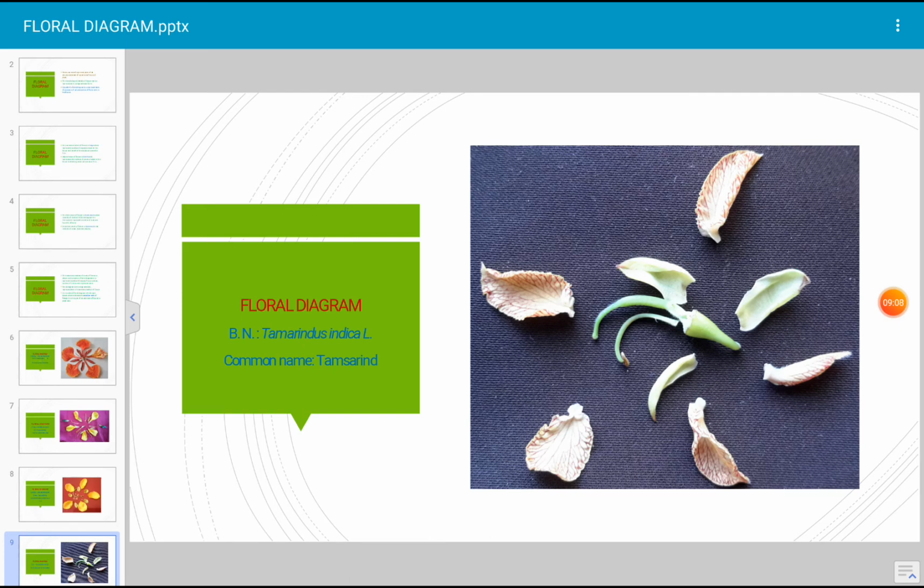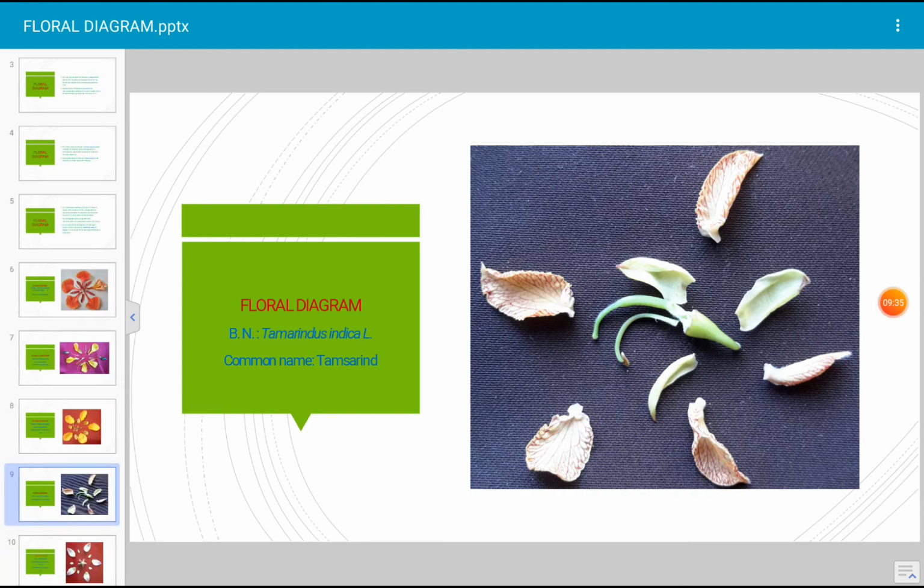In the calyx, only 3 lobes are found, which are unequal in size. Again there are 5 petals which are polypetalous, and they are not equal in size. Such a floral diagram, if you want to take, you have to take from the books which is scientifically drawn by hand. This is the Tamarindus indica floral diagram which is incomplete.